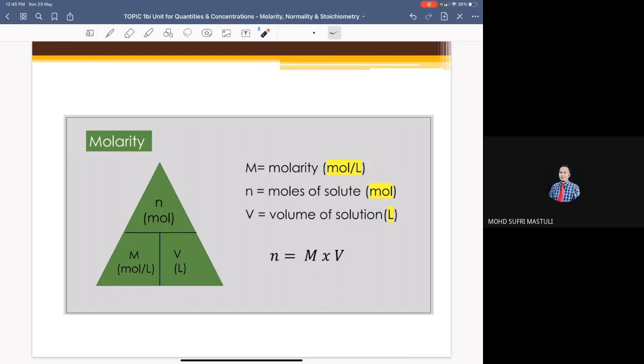Number of moles is molarity times volume, because molarity is mole per liter, so mole should be molarity times liter.